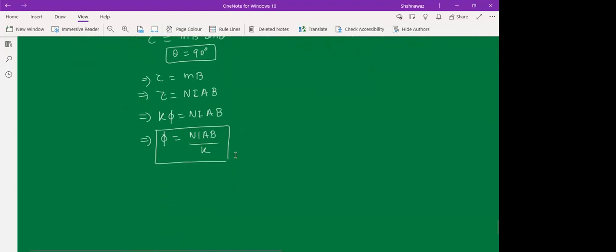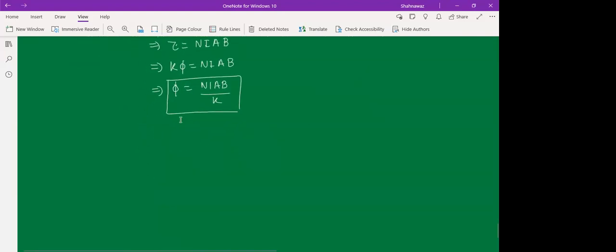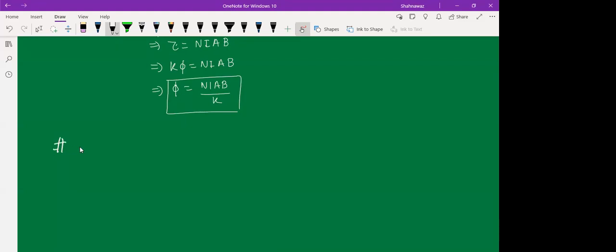So what would be the current if I calculate the current? So phi is what? So deflection angle is phi.